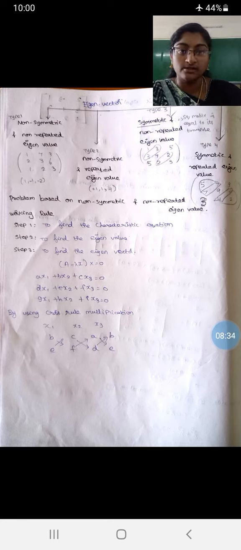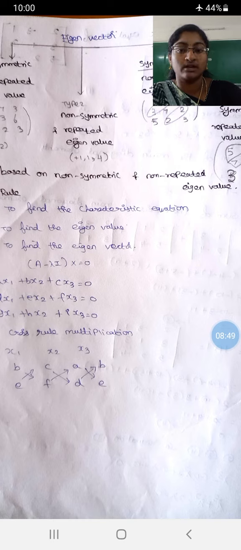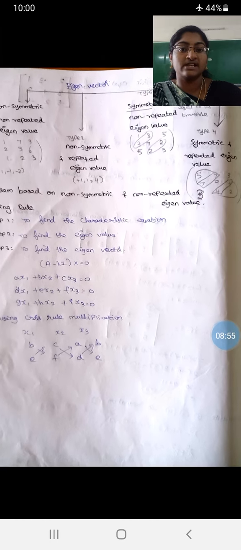All the eigenvalues are different, so this is our type 1, non-symmetric and non-repeated eigenvalue. See type 2, non-symmetric and repeated eigenvalue. In our eigenvalues 1, 1, 4, 1 is repeated twice. So this is our type 2.